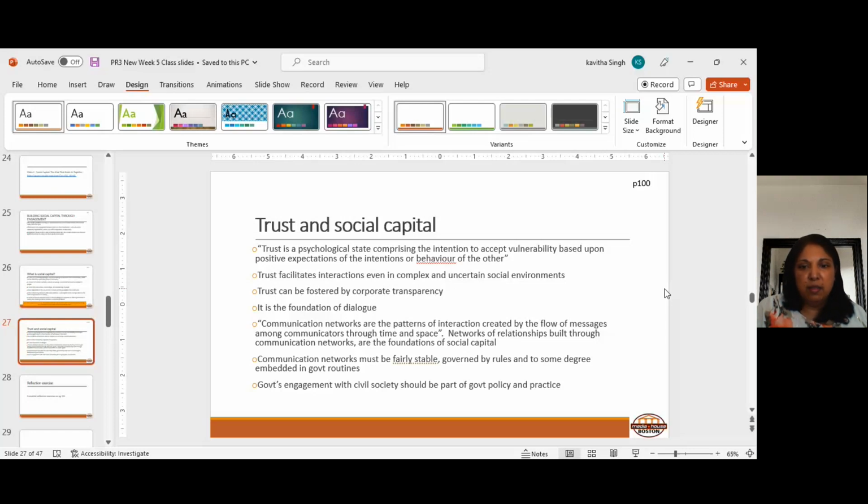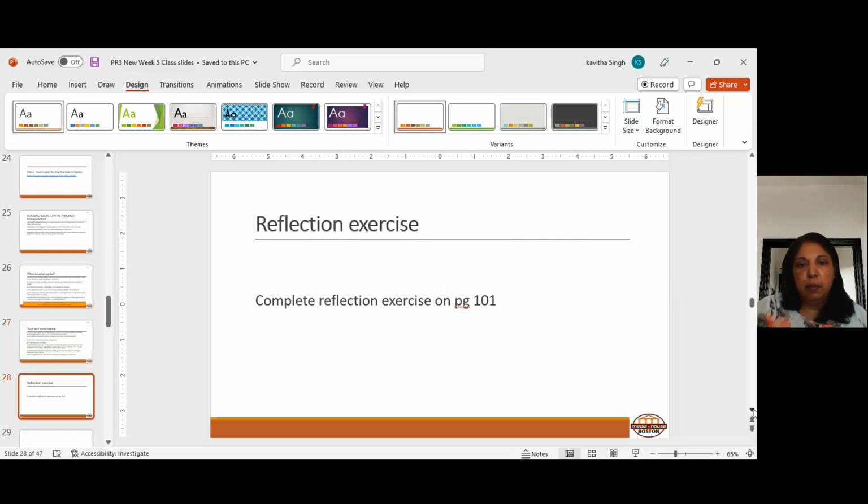Once trust is broken, you have to do a hell of a lot more work navigating through the challenges to get to a state where the trust is rebuilt. And in some cases, the trust cannot be rebuilt. So that is very, very important.